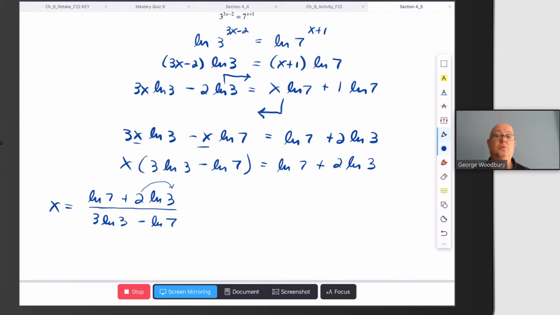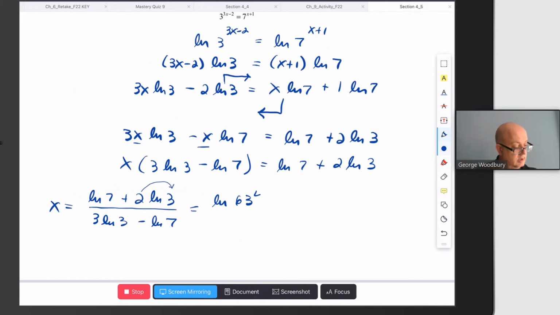So that's going to be the natural log of 3 squared, or 9, because we're adding the natural log of 7 to the natural log of 9. We have that property that allows us to multiply those arguments. So this becomes the natural logarithm of 63.